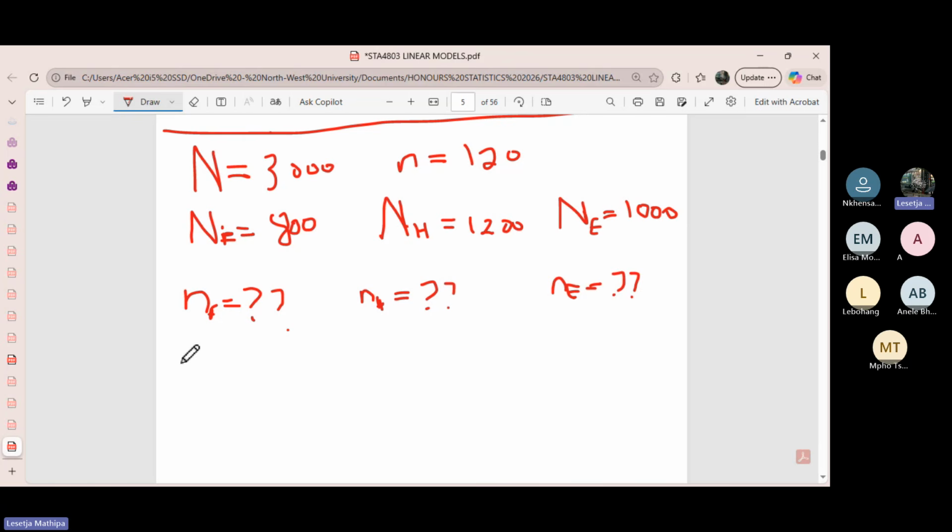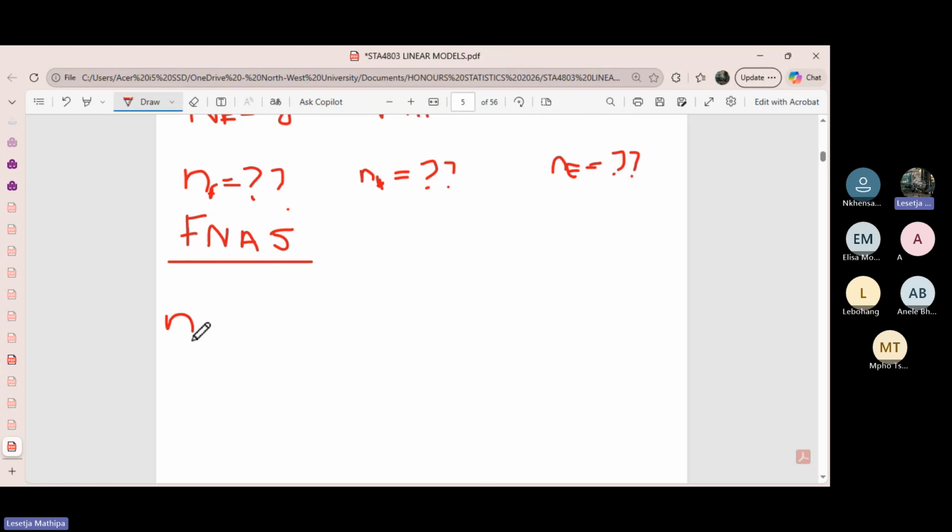Which formula are we going to use? For FNAS, the Faculty of Natural and Agricultural Science, we use this formula: small letter n F is equal to small letter n multiplied by capital letter N F, divided by the population.